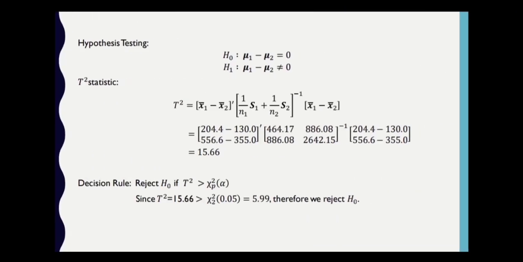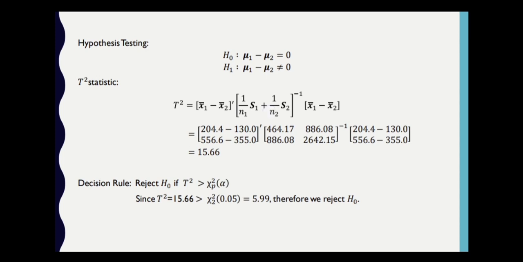Okay, how about if we want to doing the hypothesis testing? Dia punya hypothesis sama macam sebelum ni. Cara nak cari T-square actually gunakan approach yang sama, cuma bezanya di sini S ni kita tukar kepada this formula because of we deal with the large sample size.